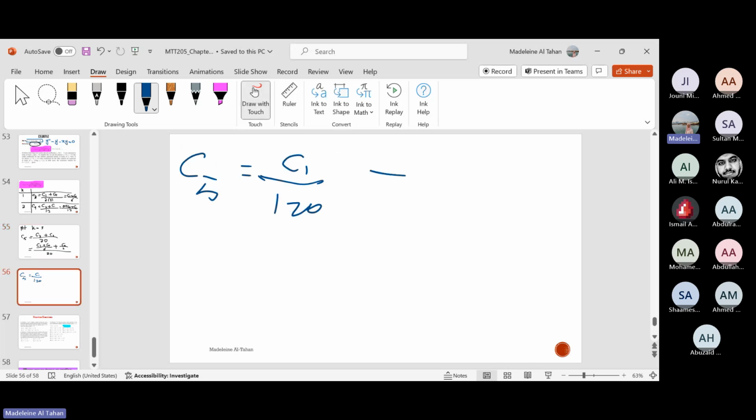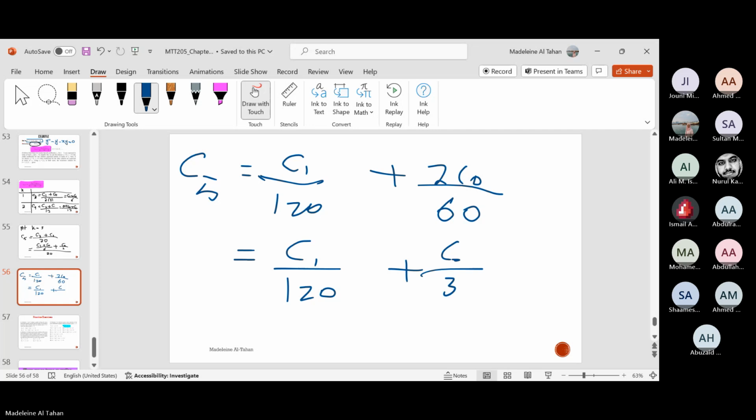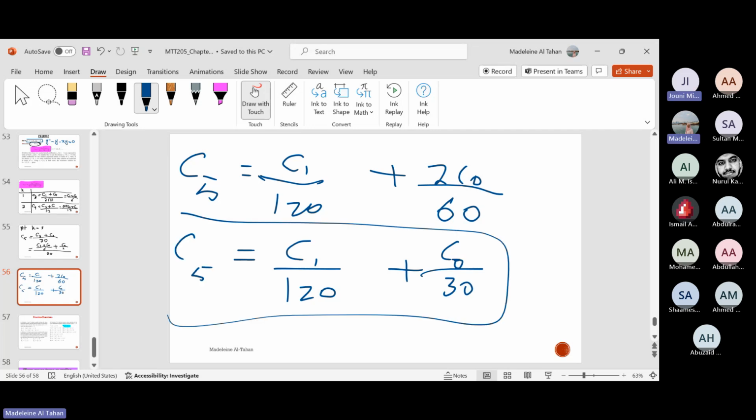Then 2C0 over 3 times 20, which is 60, giving C1 over 120 plus C0 over 30. It's a matter of simplification.